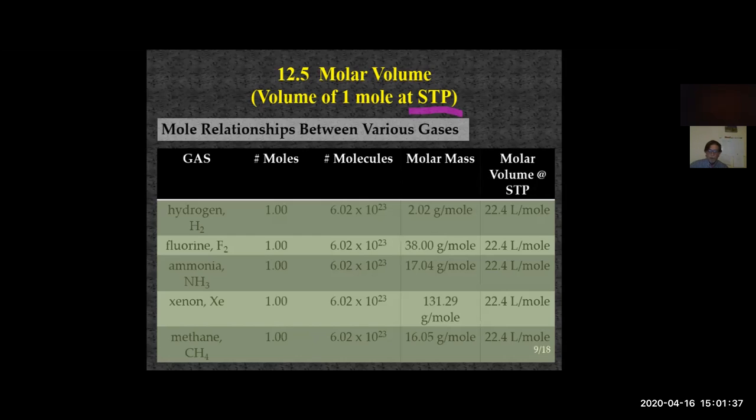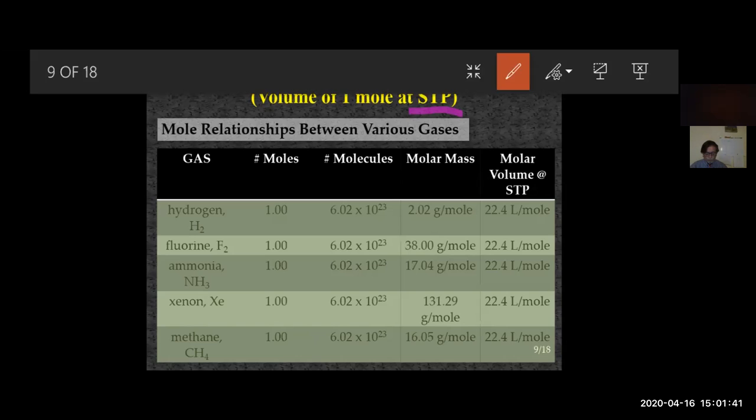another ratio. If we look at these gases here, and if we have 1 mole of each, we have all the same number of molecules. And obviously, because they're different atoms, they're all going to have different masses, molar masses, because they're different sizes.